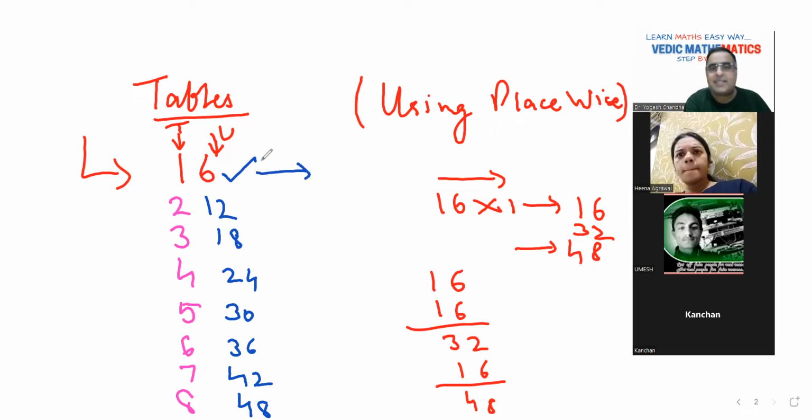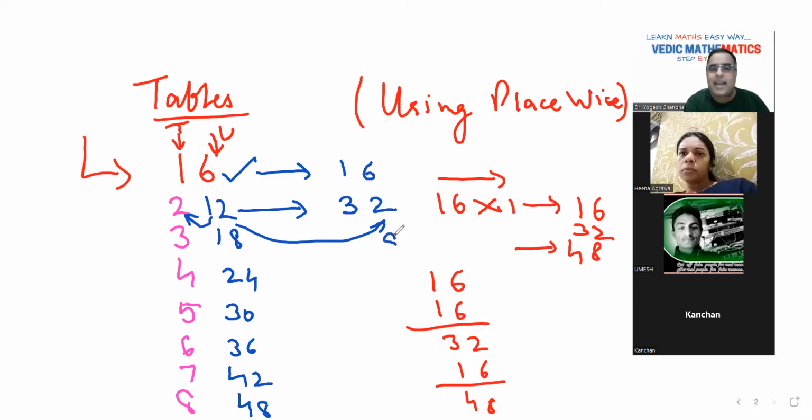So 16 is perfect. 1 and 6, right as it is. Here, 2, we keep constant because it is at the unit position. Can we have 2 digits at unit place? No. So this extra digit is moved further and that becomes 32. Similarly, 8 and 3 plus 1 becomes 48. 4 plus 2 becomes 6.